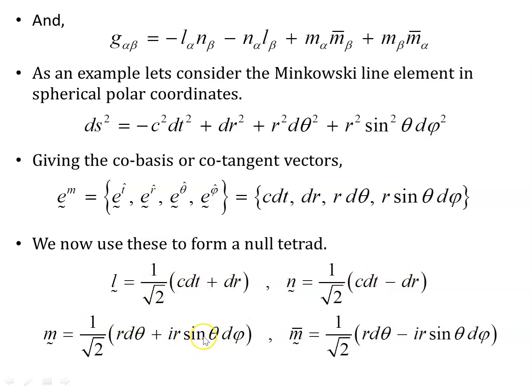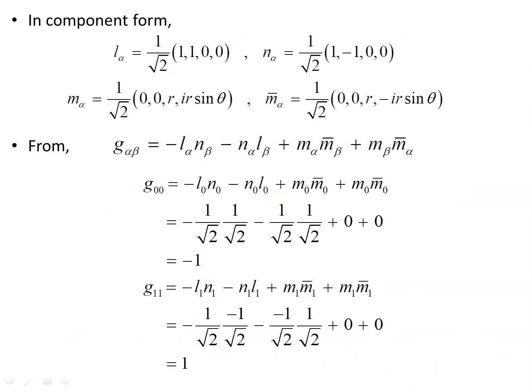Okay, and what that tells us now is that the components L lower alpha, L covariant alpha in the lowered index position, is this object here, same N alpha, this object here, M alpha is this one, and so on. Now, from the new expression we have for the metric, G alpha beta is this object here, we can do G00 and substitute in from up here.